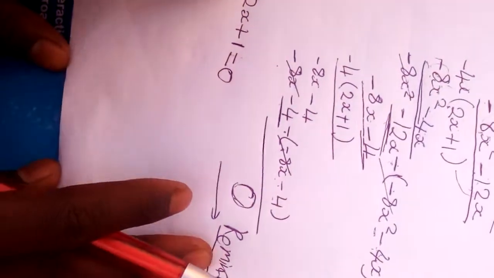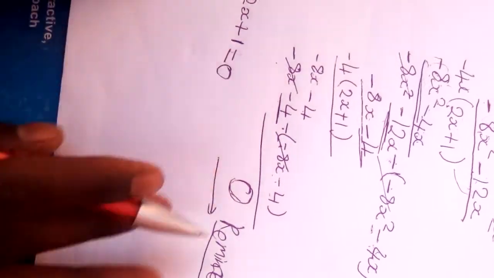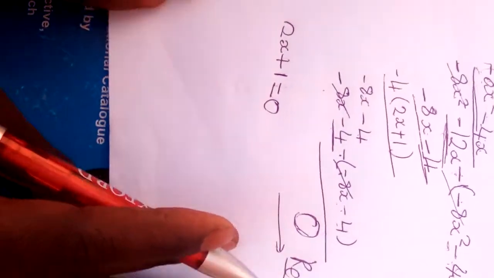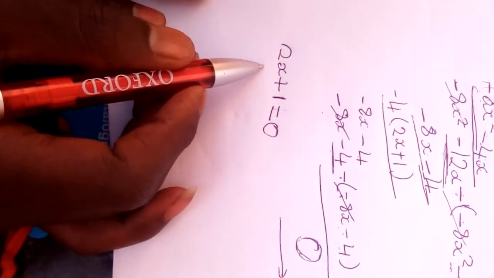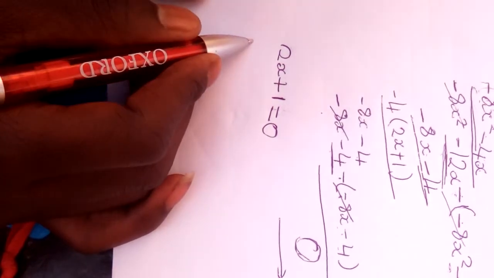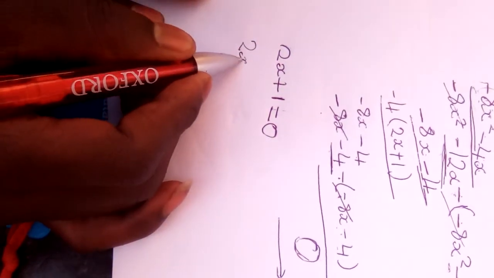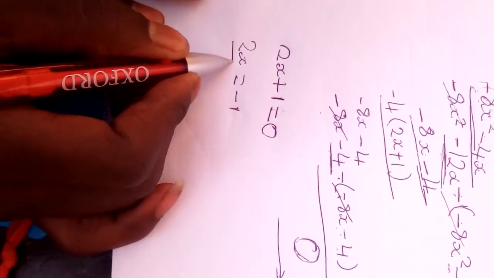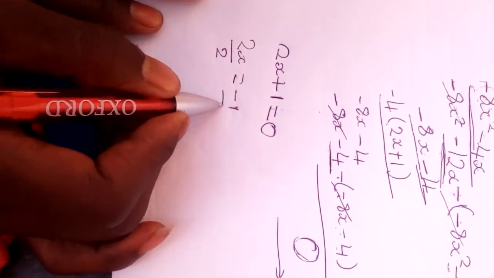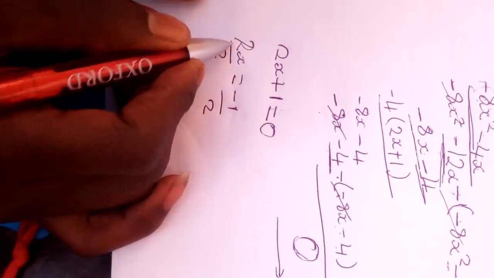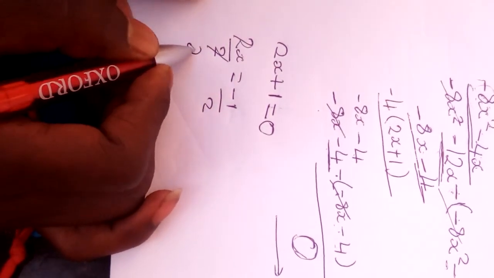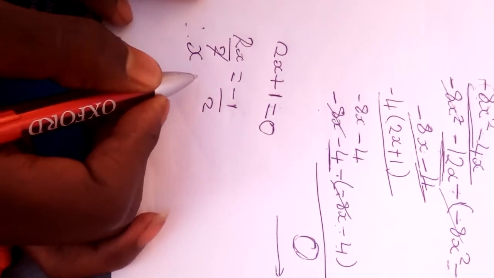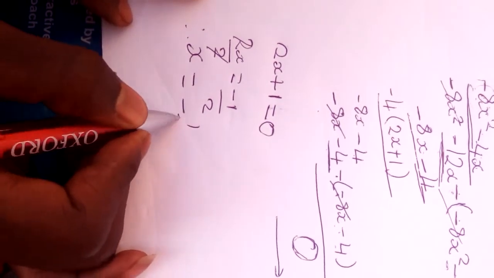If it is so, when we solve for x, we have 2x equals negative 1, so x equals negative 1 divided by 2. 2 cancels 2, so x is equal to negative half.